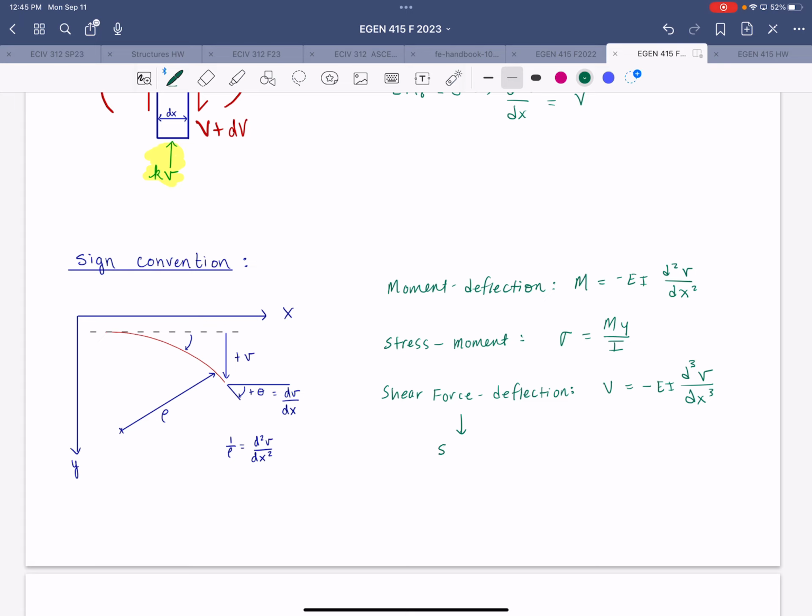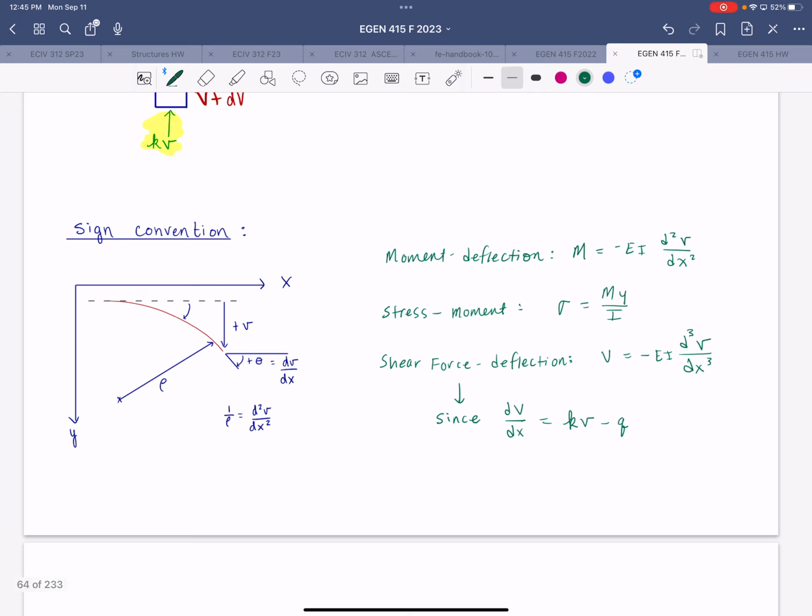And from there, since we established that the change in shear with respect to x is equal to k times lowercase v minus q, we get EI times the fourth derivative of deflection with respect to x plus k times lowercase v is equal to q.